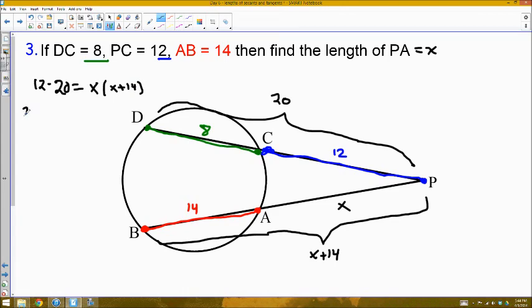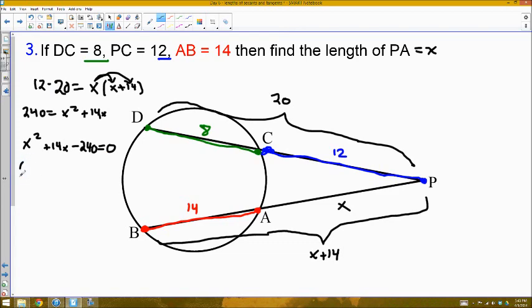Well, that gives me 240 is equal to, and I'll have to distribute here, X times X gives me X squared, and X times 14 gives me 14X, which when I write that in standard form gives me X squared plus 14X minus 240 is equivalent to 0 when I bring that 240 to my other side.